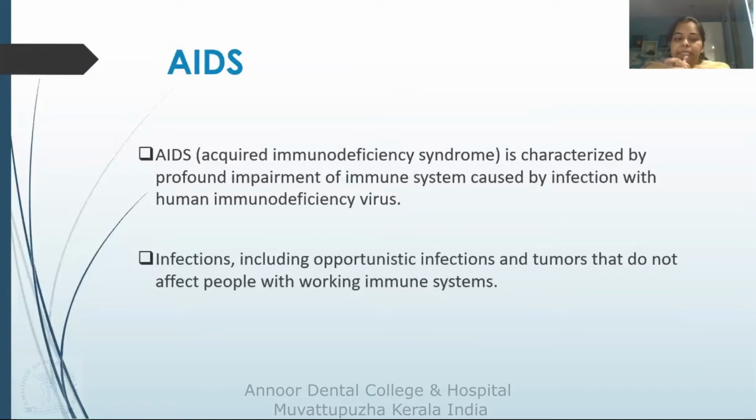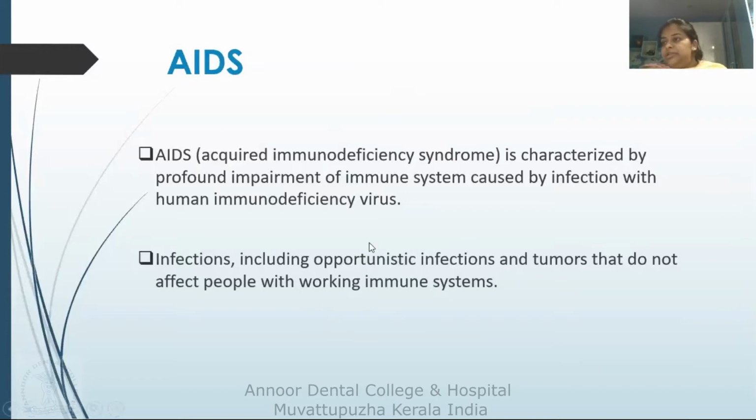AIDS. So what is AIDS? Acquired immunodeficiency syndrome. It is characterized by profound impairment of the immune system, meaning there is an impaired immune system caused by infection with the immunodeficiency virus.